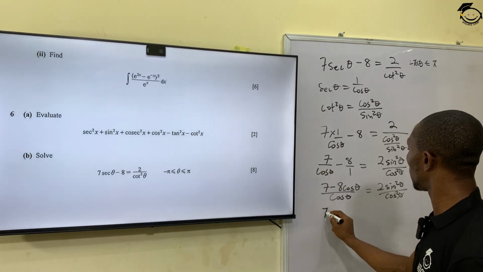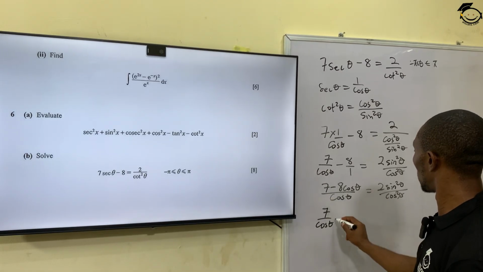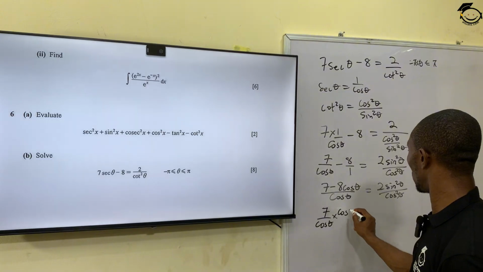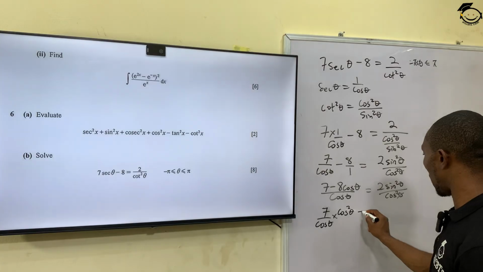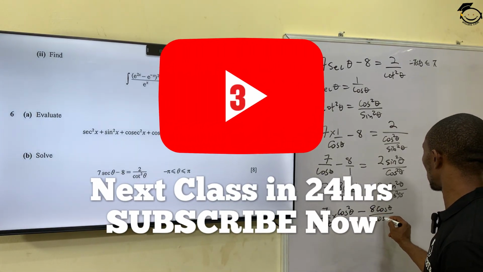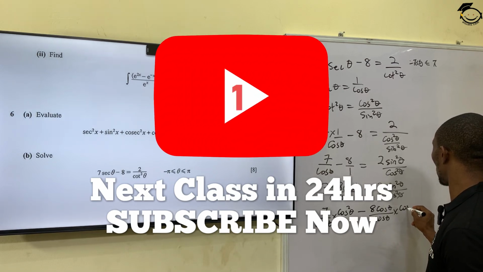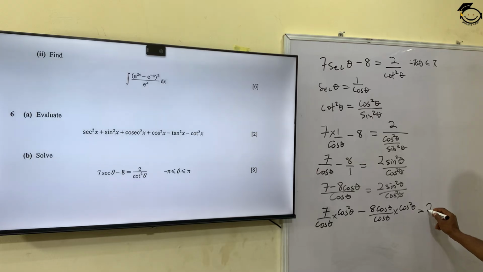Expanding, opening up, this becomes 7 over cos theta times cos squared theta minus 8 cos theta over cos theta times cos squared theta equals 2 sine squared theta.